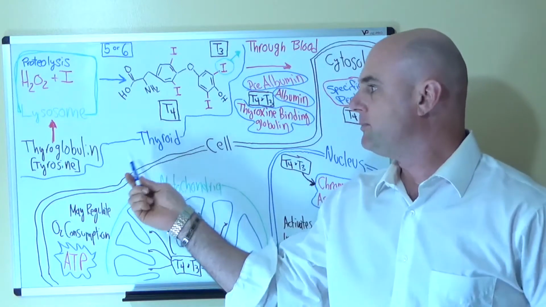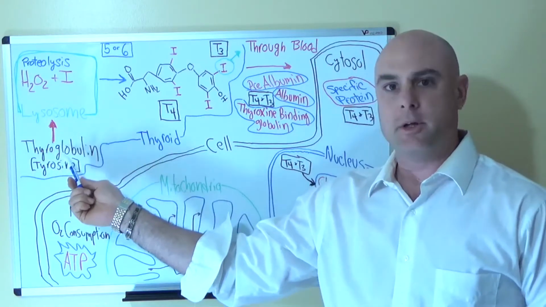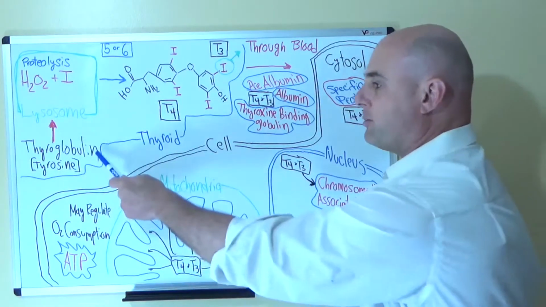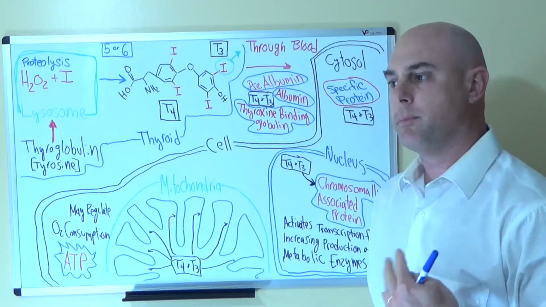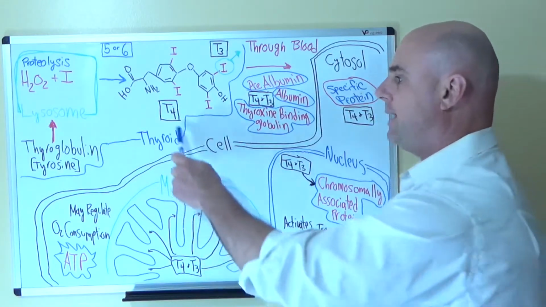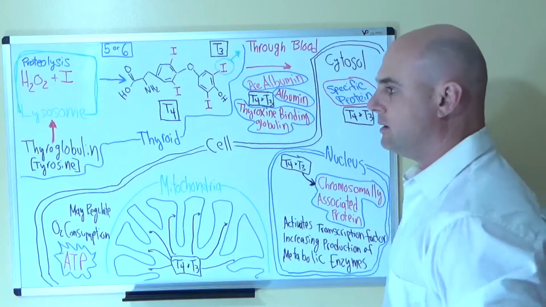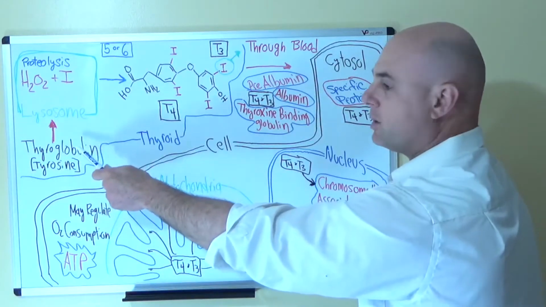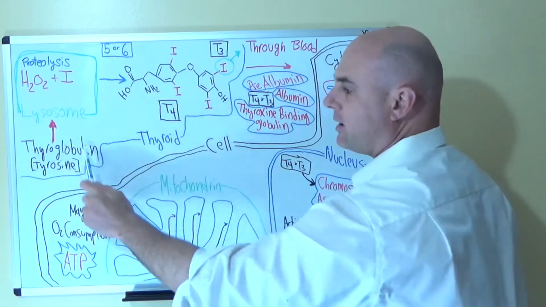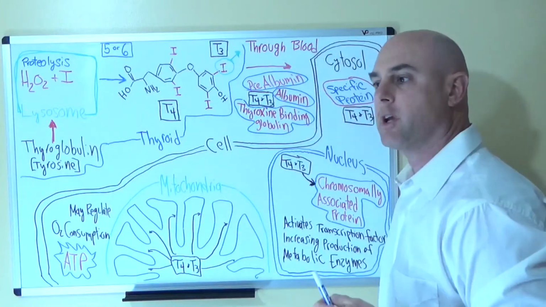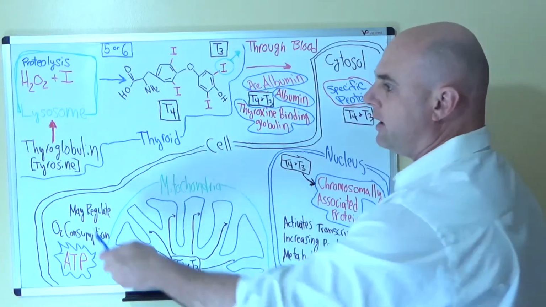Okay, so thyroglobulin is a protein that makes up about 50% of the protein in the thyroid gland. Now this is called a prohormone, and it has a lot of tyrosine, which is a conditional amino acid.